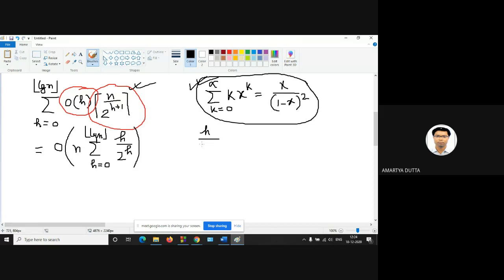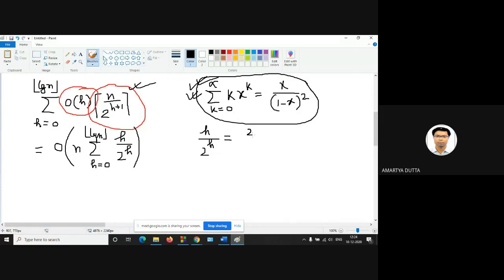Now, if we put x equal to half in this formula, we get 2 to the power h.